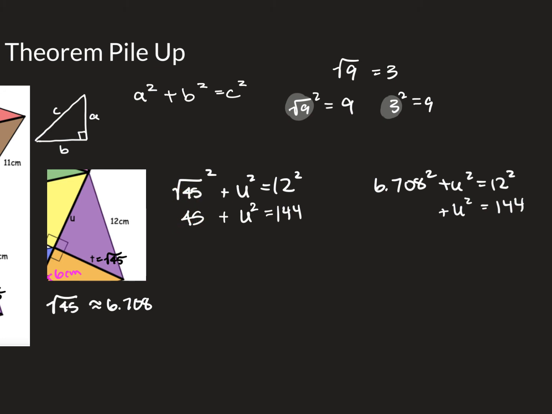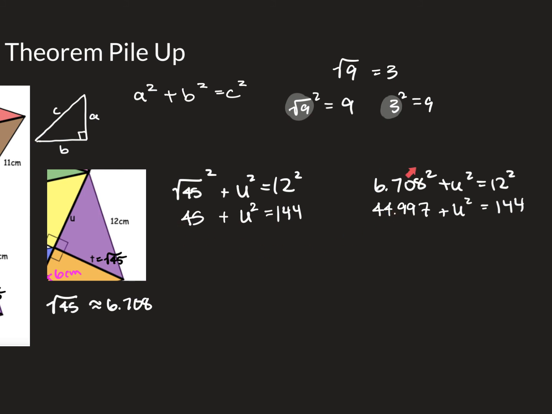But if we have to do this value squared, we end up with a much less nice number to work with. Now, 44.997 is basically 45. I hope that you see that.